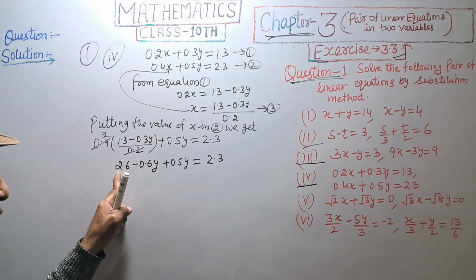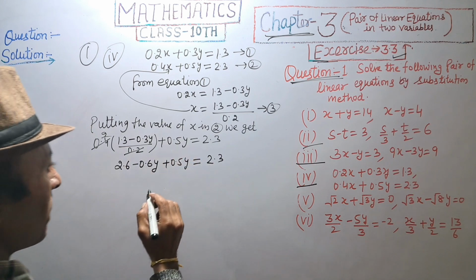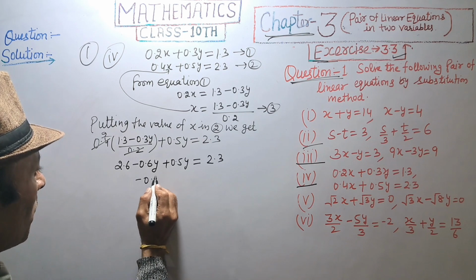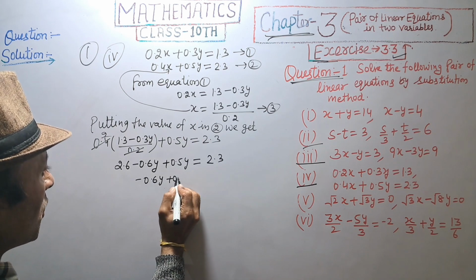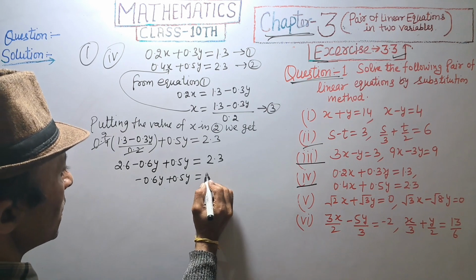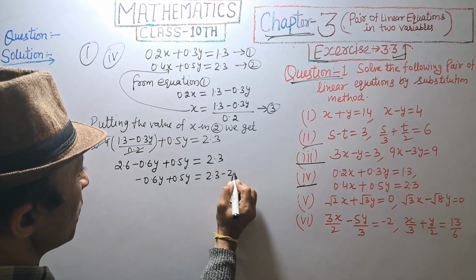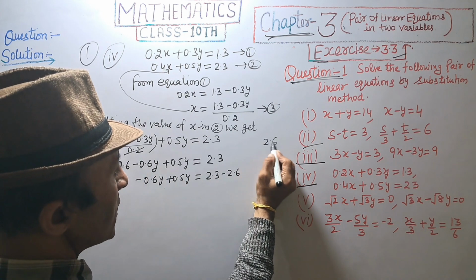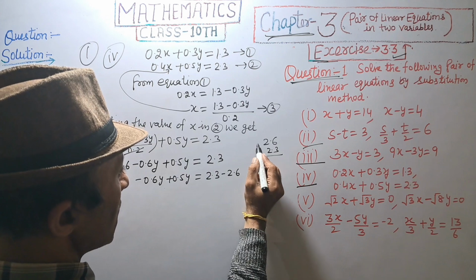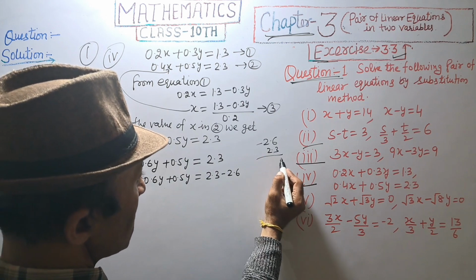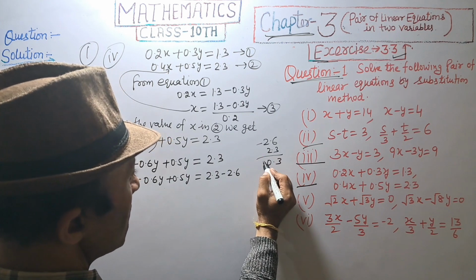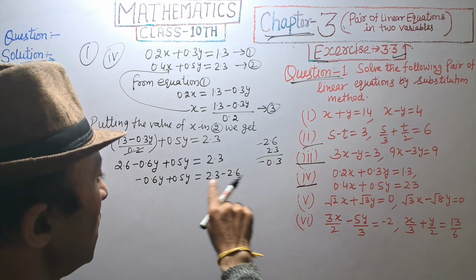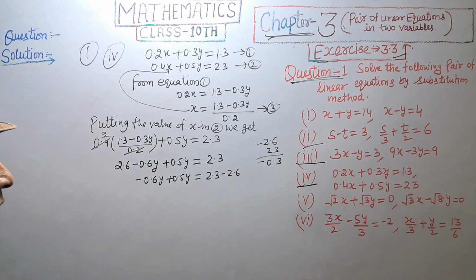We are shifting 2.6 to the right, and minus 0.6y plus 0.5y is equal to 2.3 minus 2.6. That will be negative, and 2.6, 2.3. 6 minus 3, that is 3, so 0.3, minus 0.3, because minus 2.6 is greater than positive 2.3.